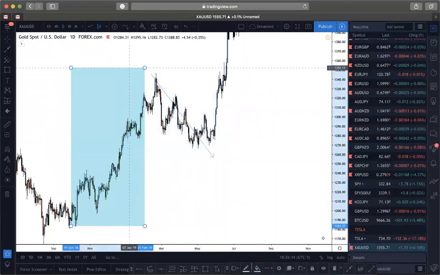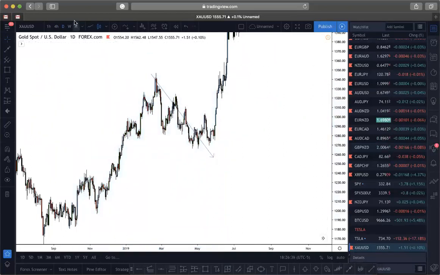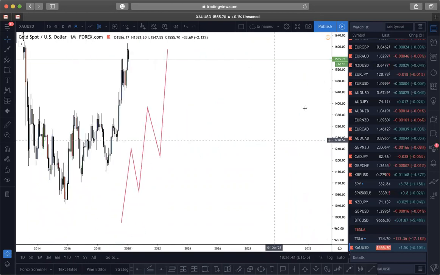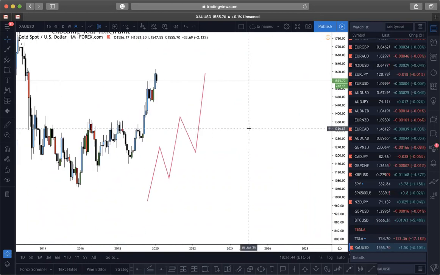So, as I was saying before, when you approach your charts, you do multiple time frame analysis. You go through every time frame and you see what the market is doing on every time frame, right?